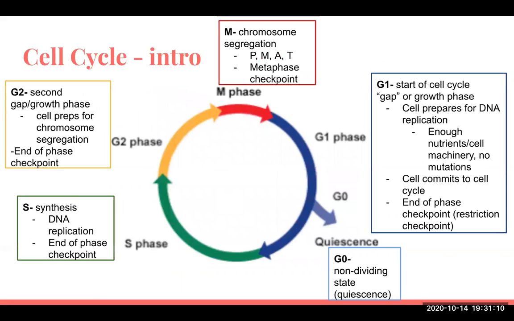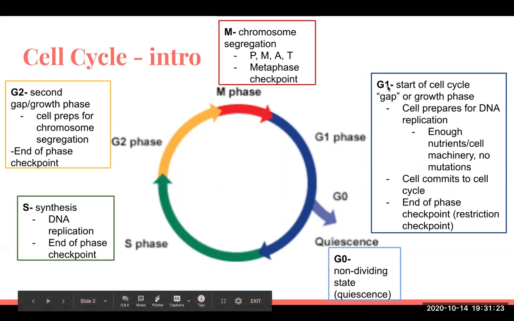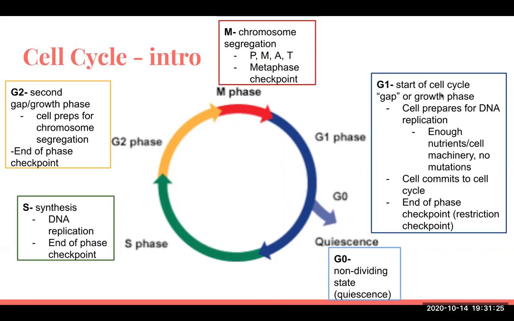Okay, so first let's do a general overview of the cell cycle. So we have a couple different phases. G1, we'll go into a little more detail later, but we'll just run through it really quickly so far. G1 is the start of the cell cycle. G stands for gap phase, or also growth phase, depending on which textbook you're looking at.